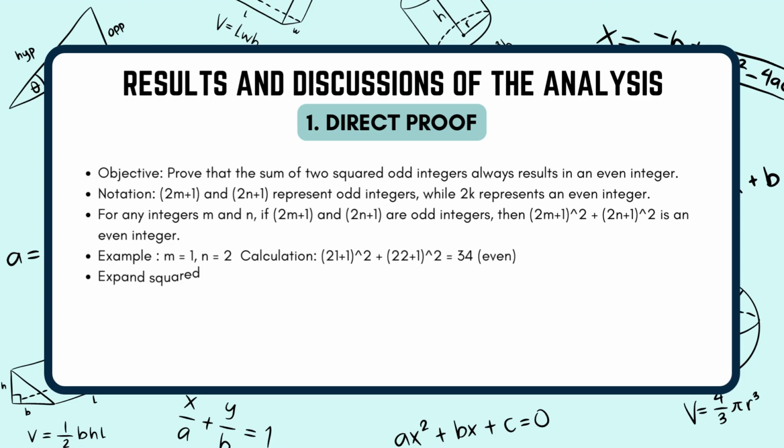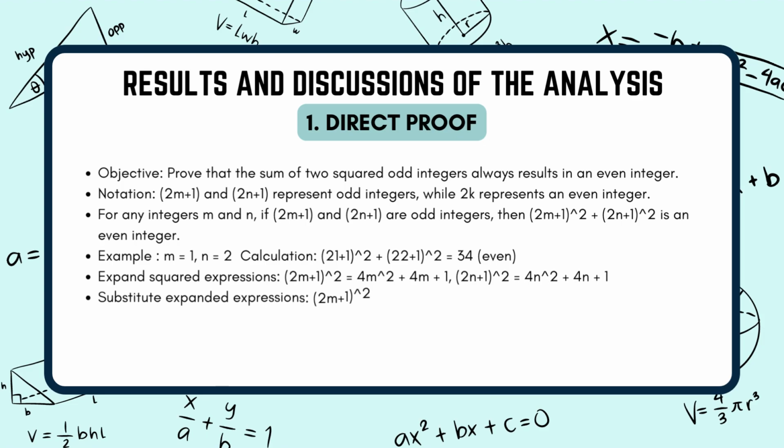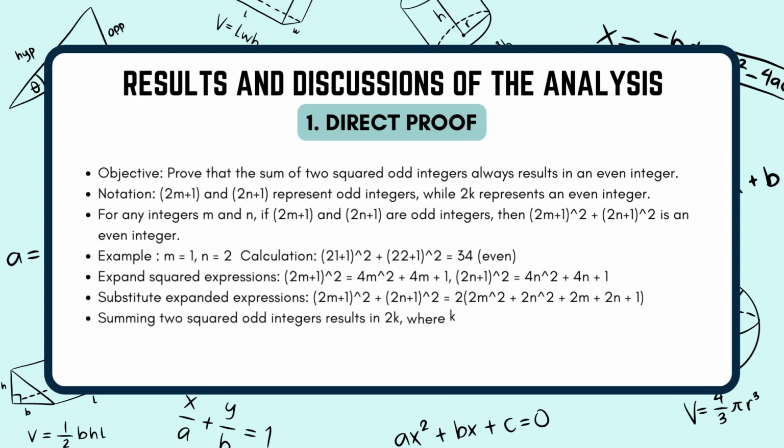For any integers m and n, if 2m plus 1 and 2n plus 1 are odd integers, then 2m plus 1 power of 2 plus 2n plus 1 power of 2 is an even integer. For example, m equals 1 while n equals 2. Calculation: 2 times 1 plus 1 power of 2 plus 2 times 2 plus 1 power of 2 is an even number, that is 34.